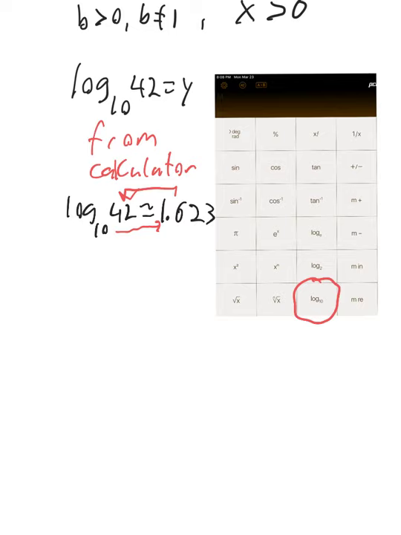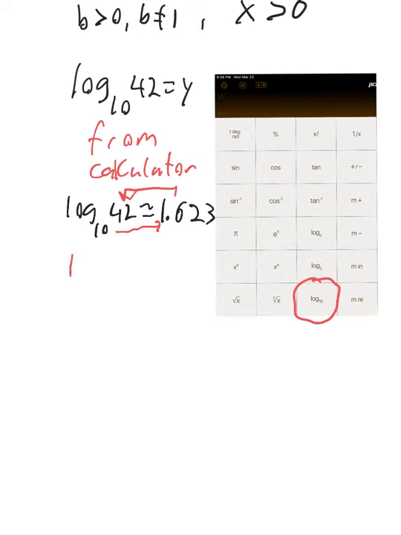You can do that with your exponent button. 10 to the 1.623. Okay. I get 41.976. All right. And it's not exactly 42 because I rounded off.